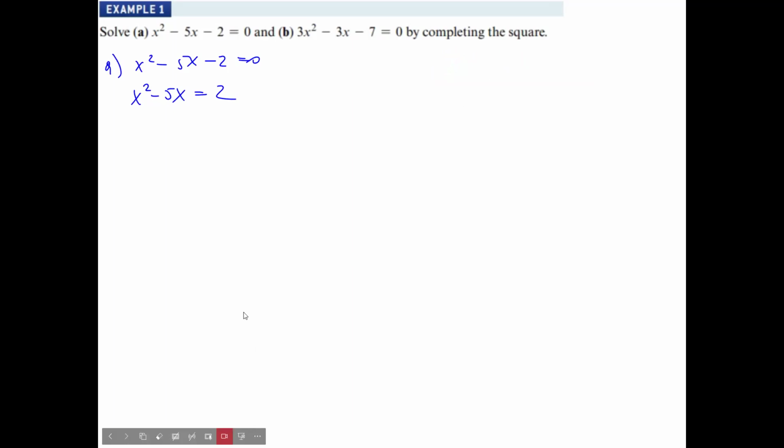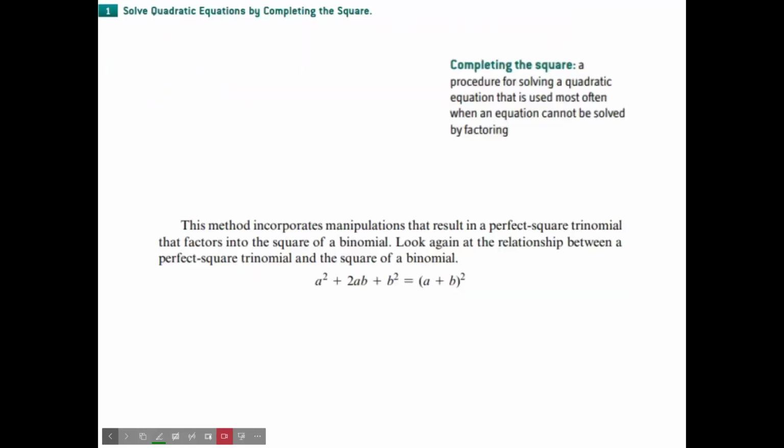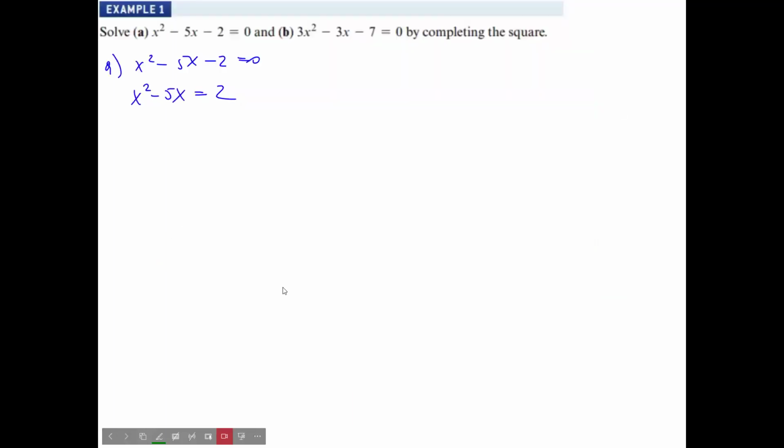Okay, let me put the formula: a squared plus 2ab plus b squared equals a plus b squared. Of course, if there is a minus here, right? Now I analyze, so I keep that formula in mind.